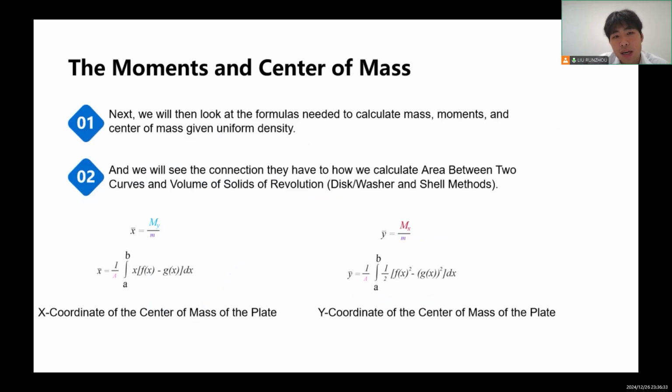Next, we will look at the formulas needed to calculate mass, moments, and the center of mass given uniform density. And we will see the connection to how we calculate area between two curves and the volume of a solid of revolution. And these two are the formulas. One is the x coordinate and the other is the y coordinate.